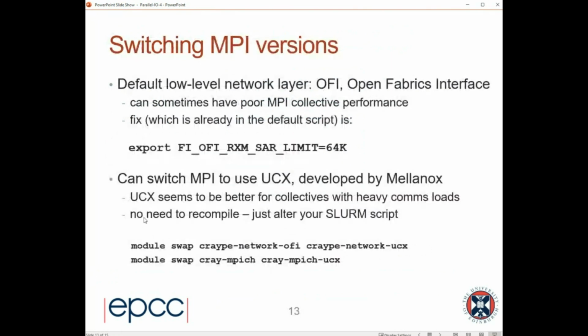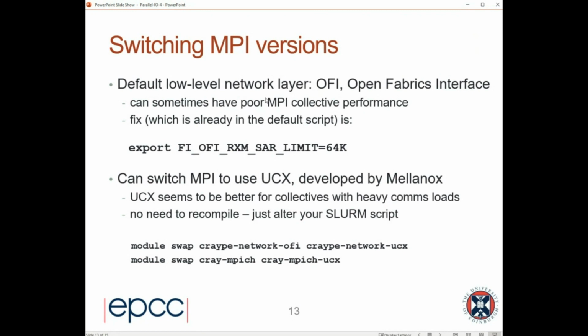The other thing you can do: the default low-level network layer is called OFI, which stands for Open Fabrics. And we have seen, and this isn't about I/O, just general MPI calls, that it can sometimes have poor MPI collective performance, particularly when you're using large data buffers, large amounts of data.